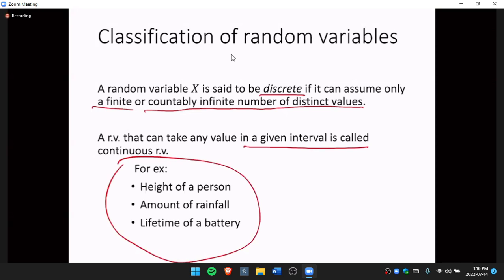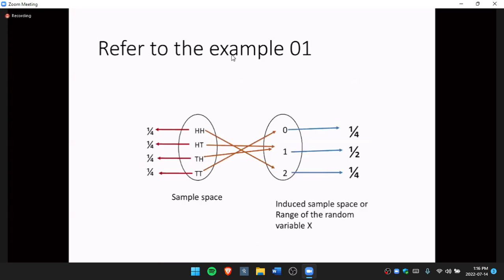Now, tell me, we discussed this example. In this example, if you take this random variable X, tell me whether it is a continuous one or a discrete one. It has distinct values 0, 1, 2.